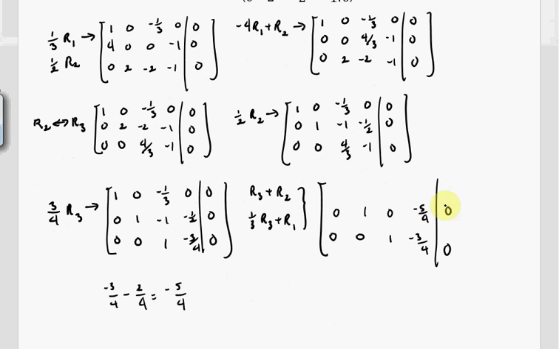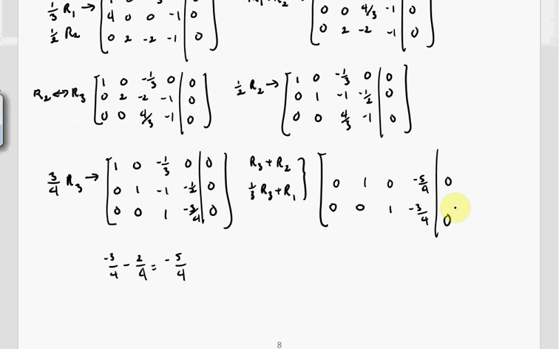That's 0 over there. And then we get 1/3 times row 3 plus row 1. This is 1, 0, 0. We get negative 1/4 plus 0 is negative 1/4. This is 0. This is our scratch work we don't need.